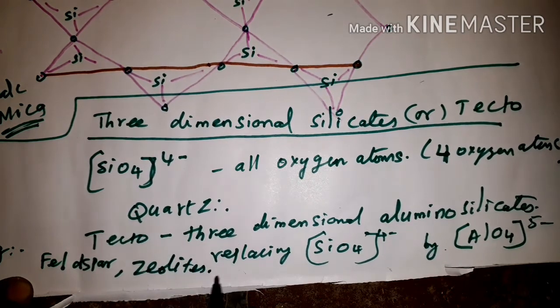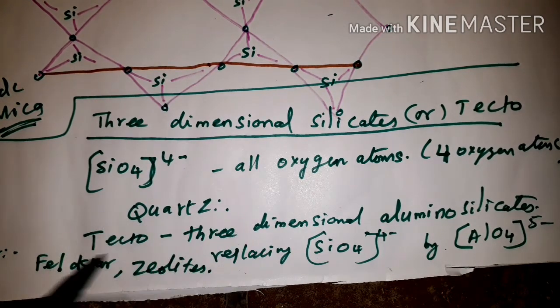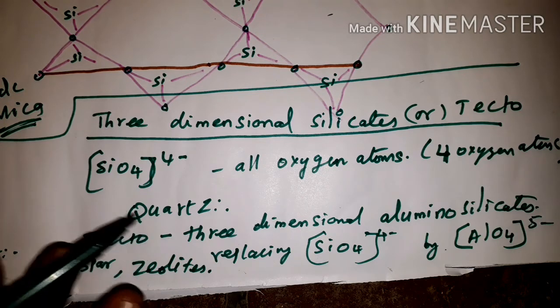These are the examples for these three-dimensional silicates. Okay, so that's all about the types of silicates. Hope you understood all the types.